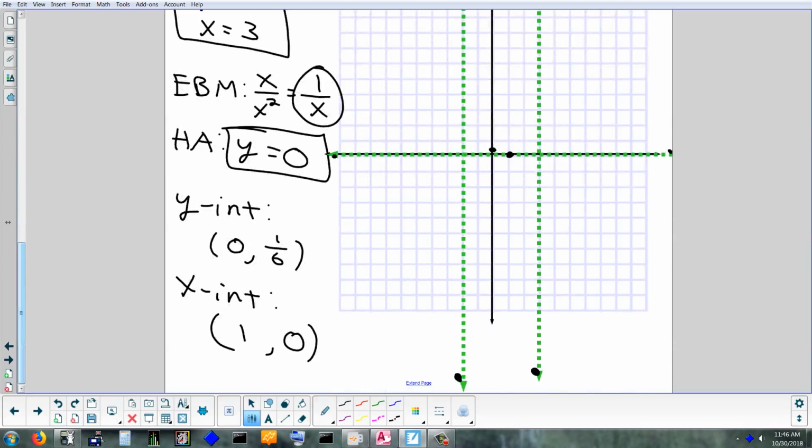So now, we're going to sketch it, and you have to remember to stay close to the dotted lines. You can never cross them. So you're going to have something kind of like that, getting closer and closer, but never touching it. And the same thing here. Getting closer and closer and closer, but never touching it. Now those have to connect.